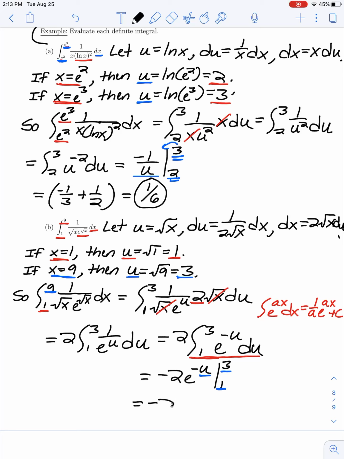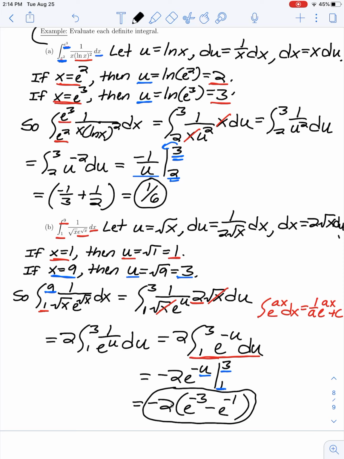We have a constant out in front, negative 2. When I evaluate this antiderivative at 3, we have e to the negative third. Then we subtract what we get when we evaluate the antiderivative at 1, which would be e to the negative 1. So we have the following expression for this definite integral.